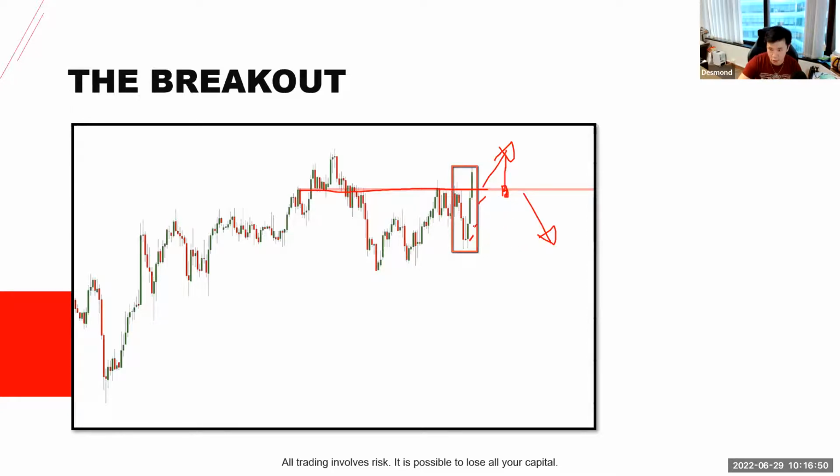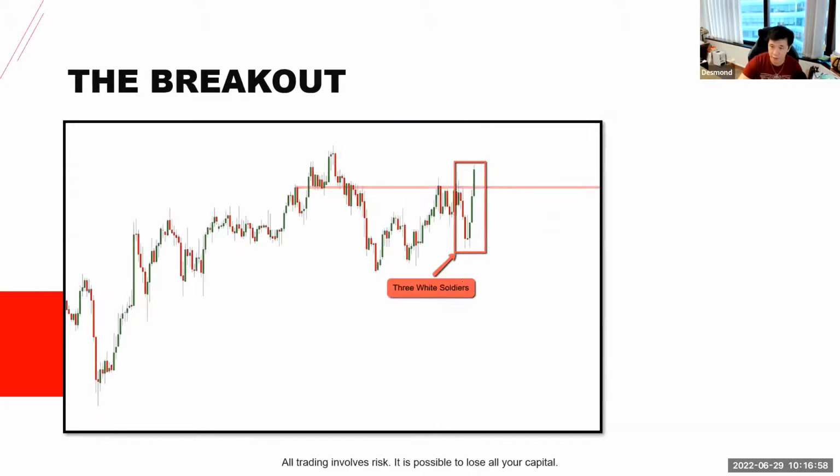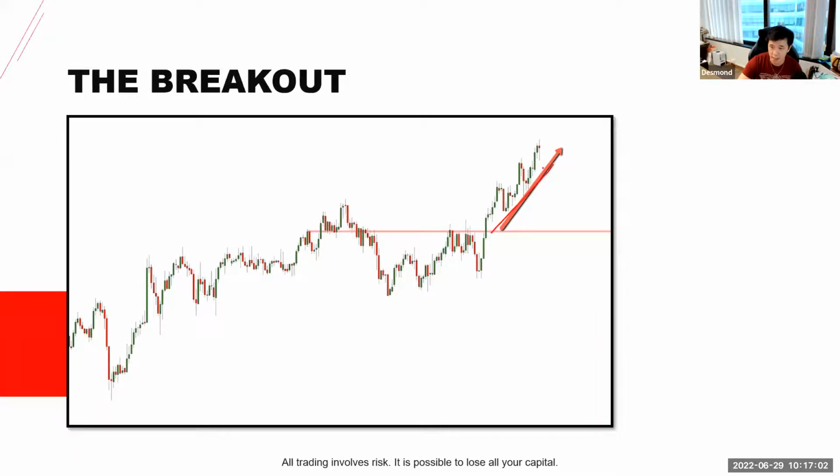But because it has a 3 white soldier formation, right, it gives you a very strong chance that the breakout is going to be successful, right? True enough, you got a 3 white soldiers formation over here, and bam, it just takes off in that direction. Okay, so you can see how using price action, using different kinds of candlestick patterns can actually greatly increase your chances of having a trade, a breakout, or reversal work nicely.